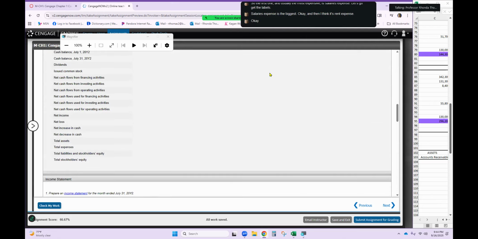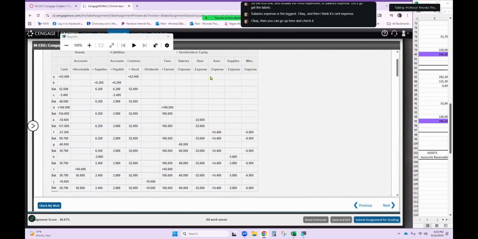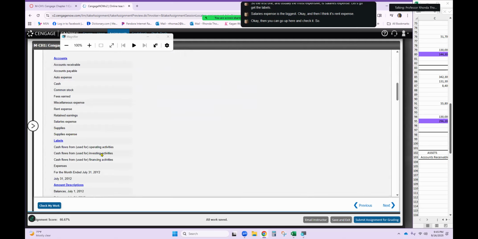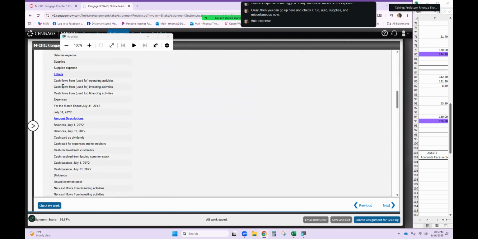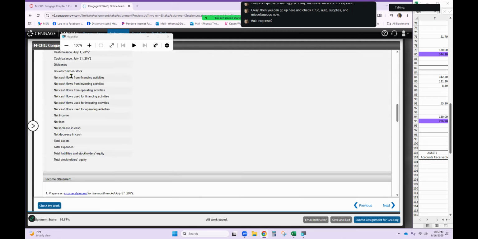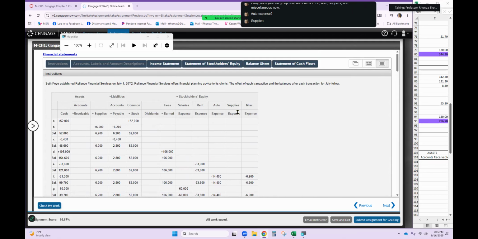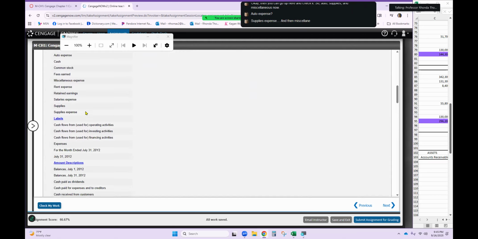Okay, and you can go up here and check it. So auto, supplies, and miscellaneous now. Auto expense. Supplies expense, and then miscellaneous.